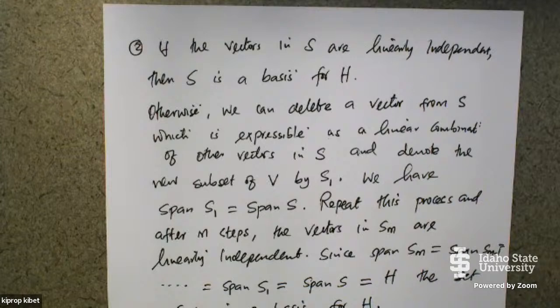When you continue like that, you realize that they are linearly independent, and those are the basis of H. So you can delete up to the last one, and it will still be the basis of H.